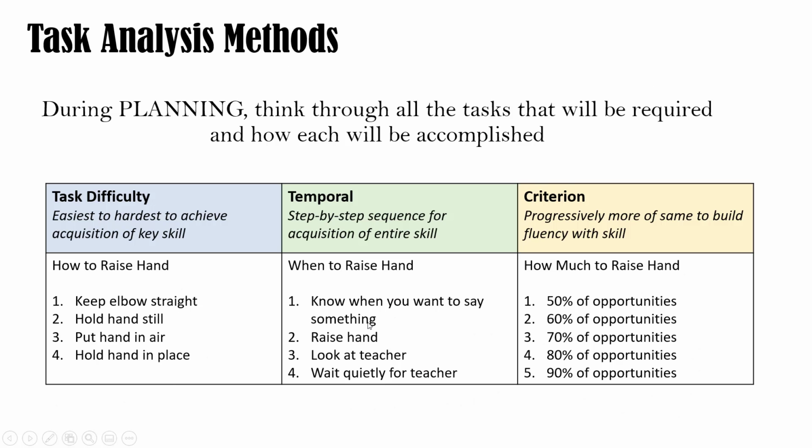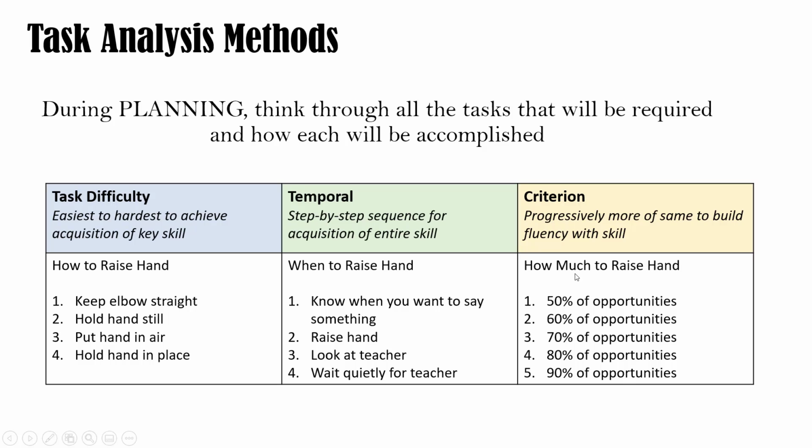And then the last way to do this is the criterion. You use this to build up that fluency and that maintenance. Use it in the acquisition phase to make sure that they continue to engage in the behavior at the appropriate time.